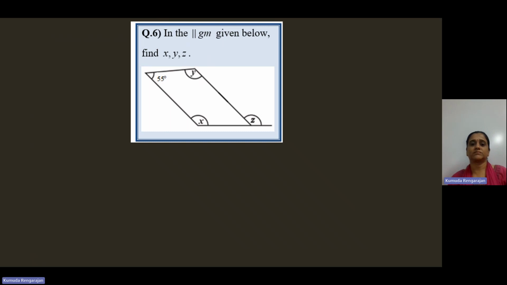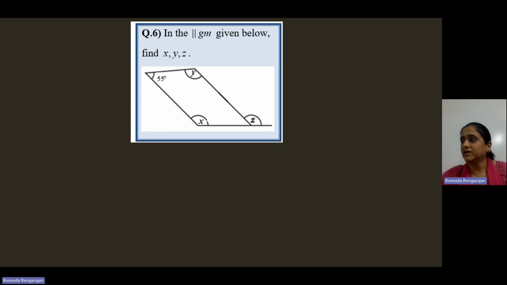Find X first. 125 degrees. Reason? Adjacent angles are supplementary.